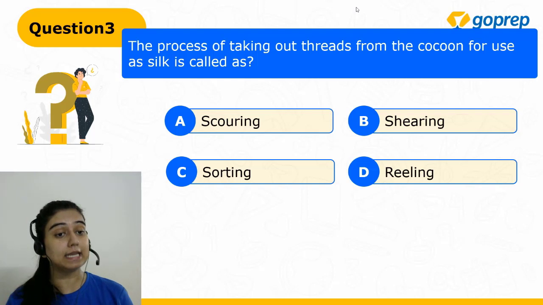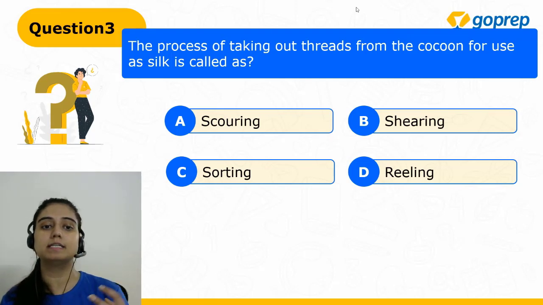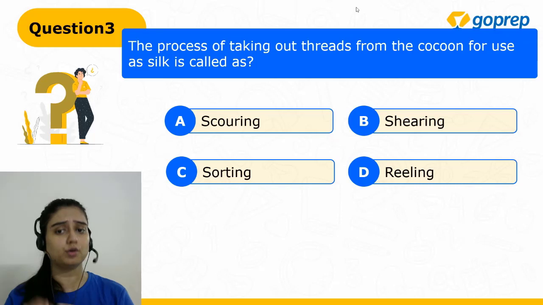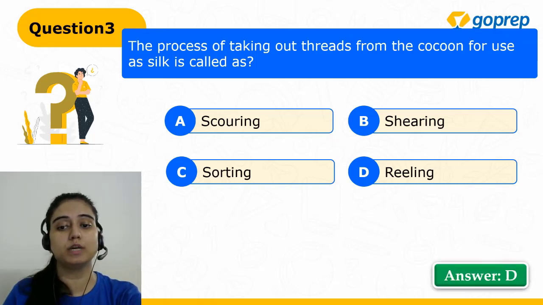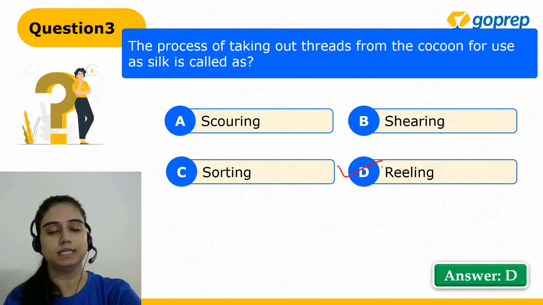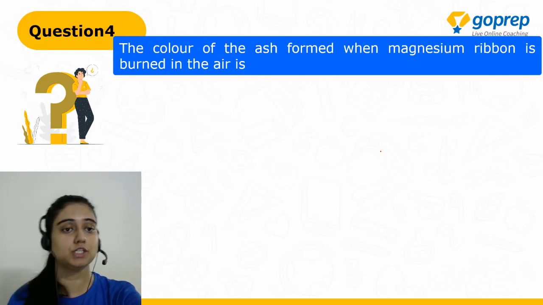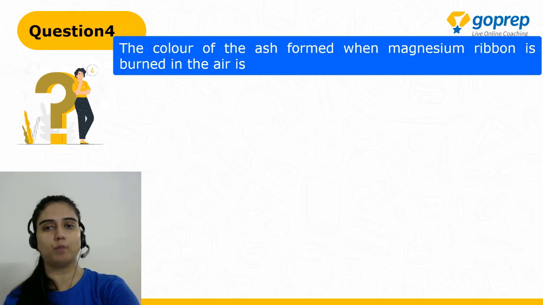This process is called silk reeling. By this process, we take out the threads from the cocoon and use them as silk. In this method, a number of cocoon's waves are reeled together to produce a single thread. So what is the correct option, students? That is option D.